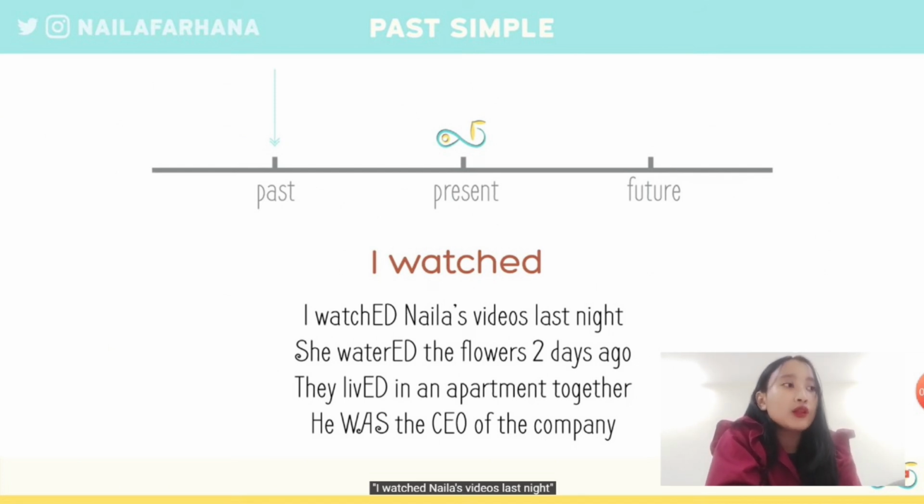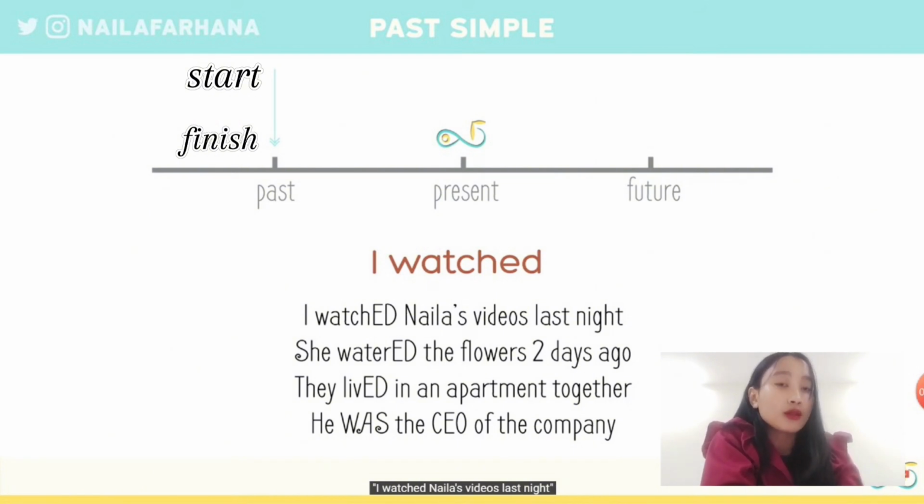If we see the arrow in this diagram, the event started in the past and finished in the past too, and doesn't have any correlation with our situation in the present.